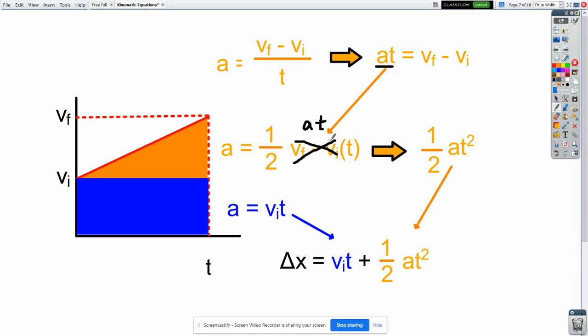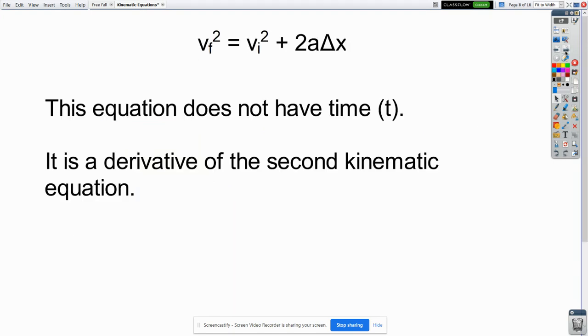And if you do at times t, you get at squared. So that second part is just the area of that orange triangle. That's probably the most difficult one to comprehend because you have to understand that graph to really get it.